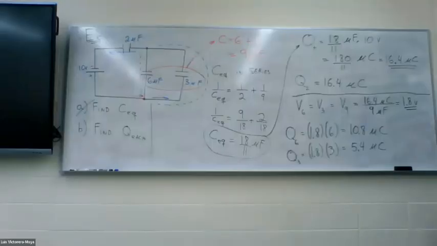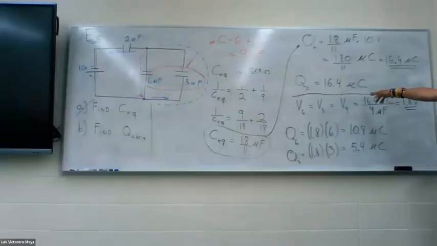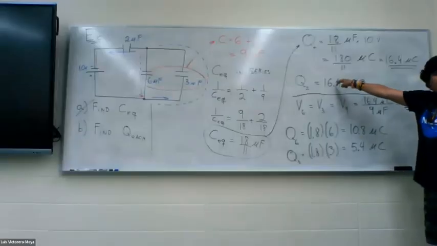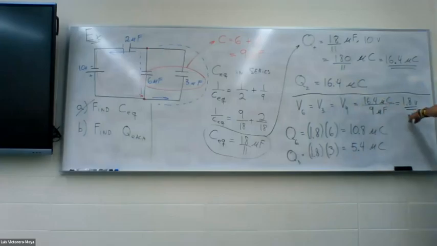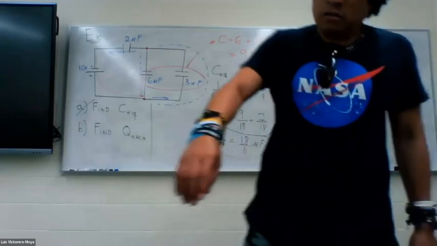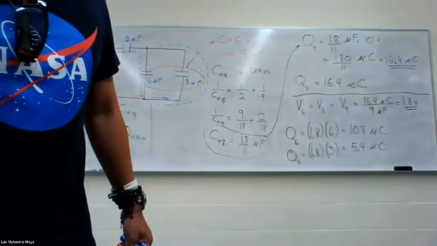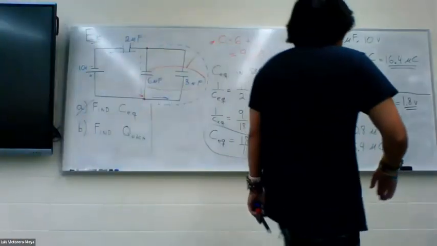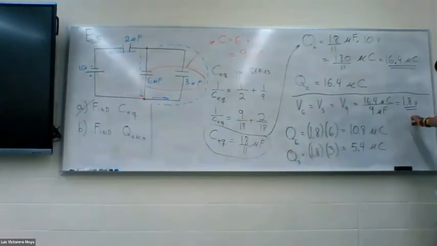That's because of the approximation. The exact value is approximately 16.36. I rounded to 16.4. And this actually gives you 1.82. So that's why. I'm rounding these numbers. But even when you add them, you get 16.2, so approximately.